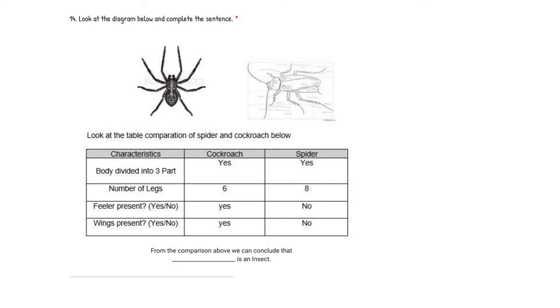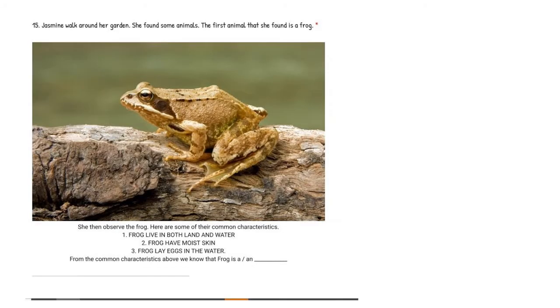Always remember that insects must only have 6 legs. So you search, you find here which one has 6 legs between the cockroach and the spider. The spider has 8 and then the cockroach has 6. So we can say that the one that is an insect is the cockroach.